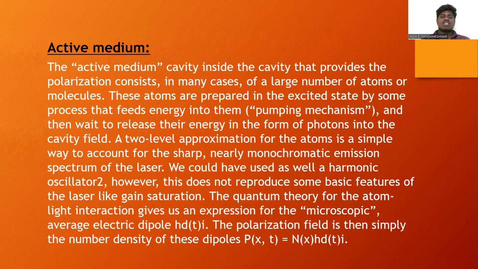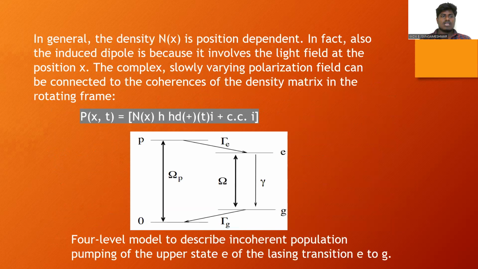The quantum theory for the atomic light interaction gives us an expression for the microscopic average dipole density. The polarization field is then simply the number density of these dipoles, called P of x comma t, that is equal to n of x times the average dipole of t. In general, the density n of x is position dependent.